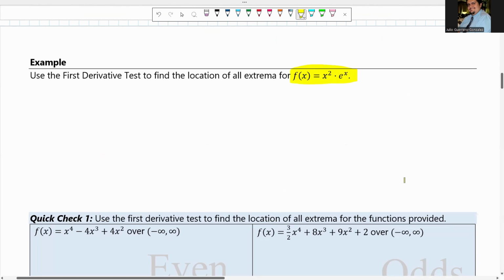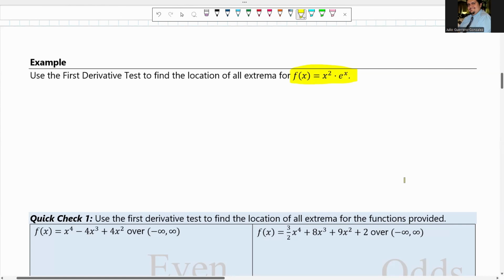We are going to try to analyze this without looking at the graph first. So I'm going to use the first derivative test to determine where the local extrema are. We need to first find the critical values.